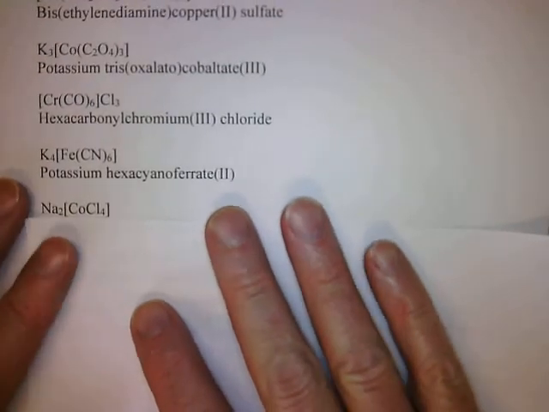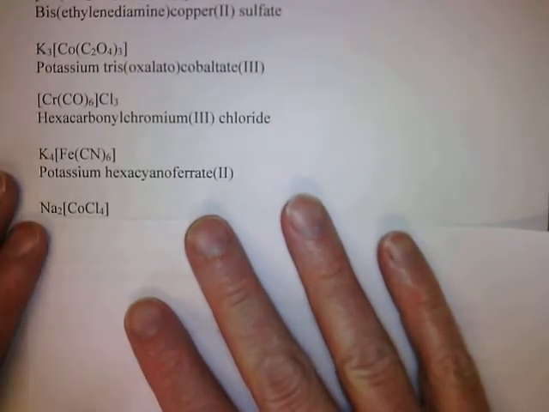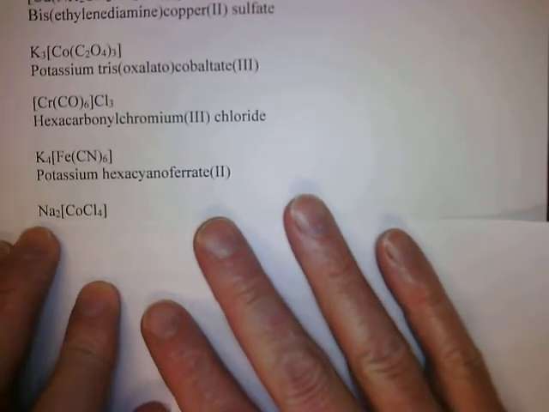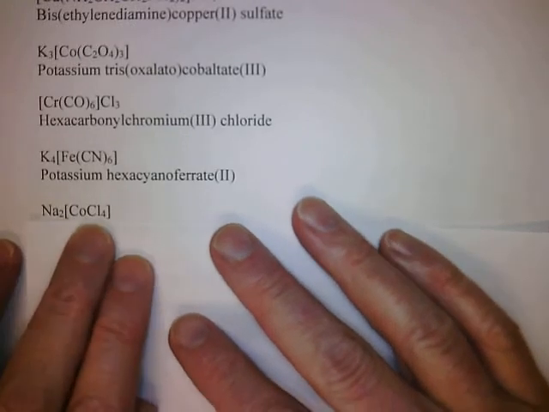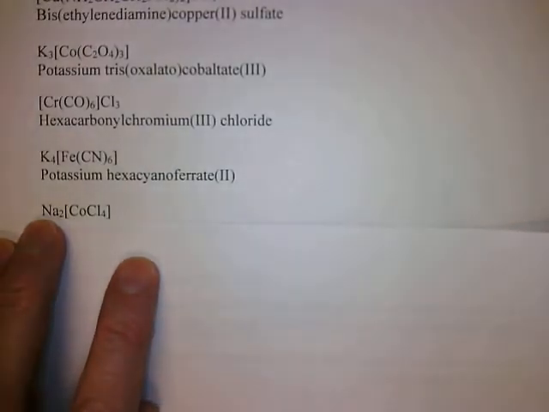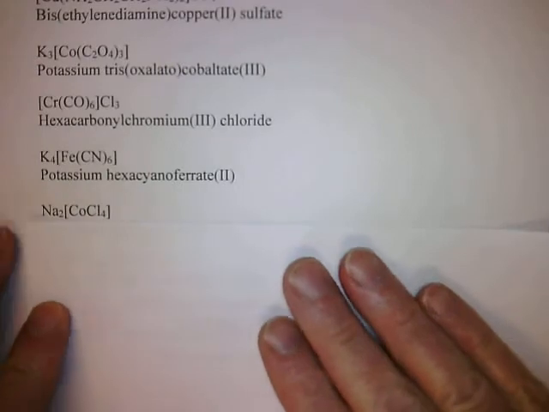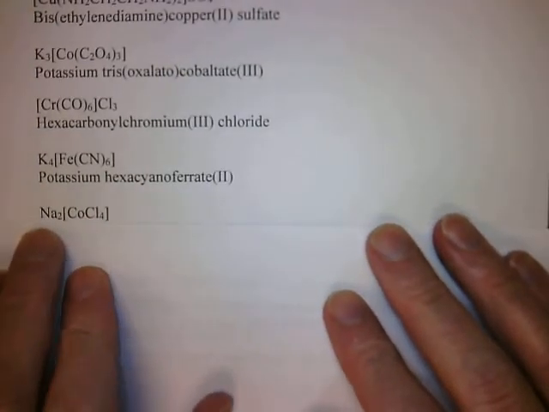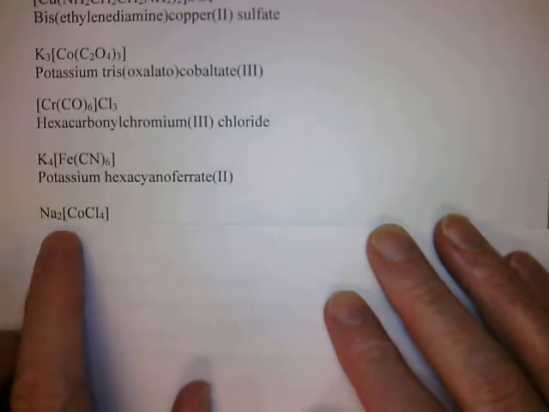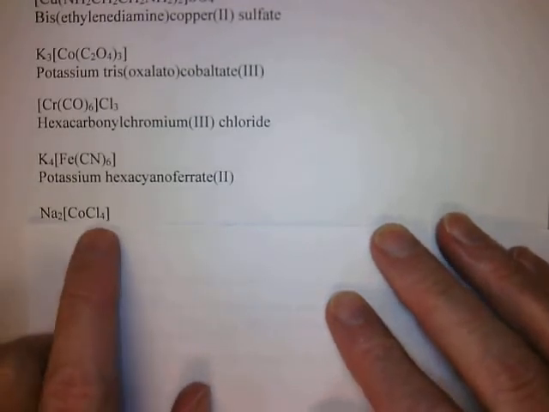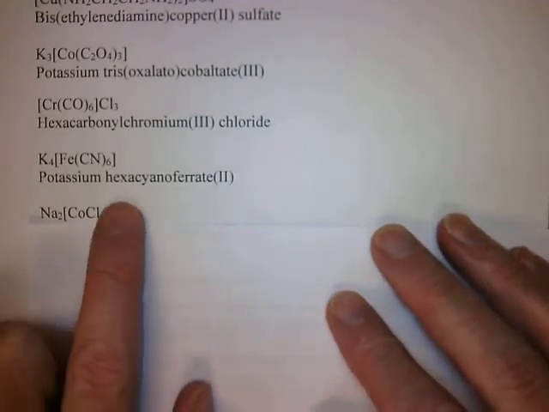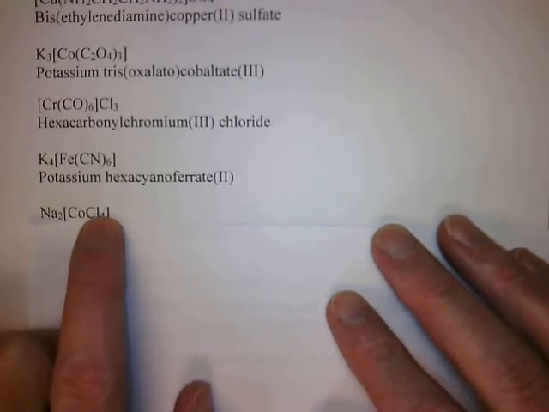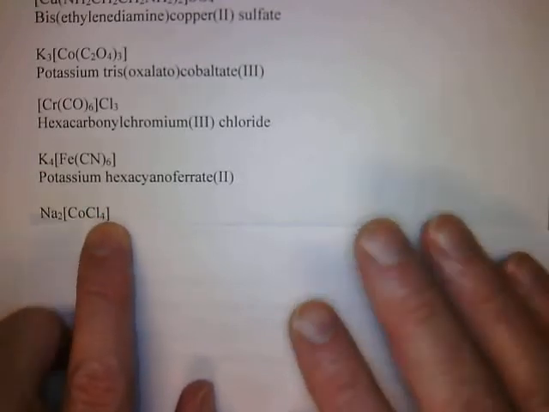Okay. How about this one? Alright, so Na2CoCl4. Alright, so our name is going to be sodium something, correct? Sodium something. So the something is the name of the complex ion. So we only have one type of ligand here. It's chloro. It's tetrachloro.